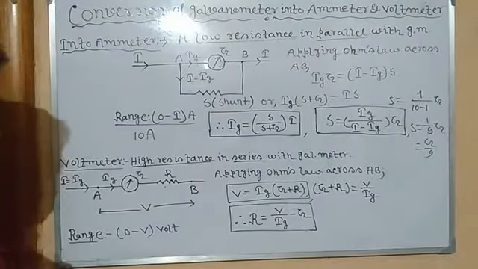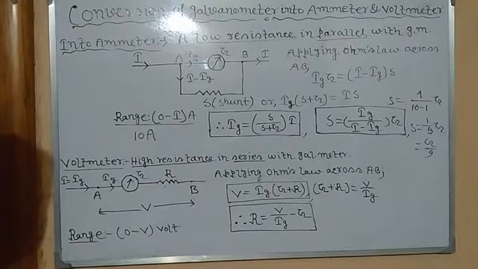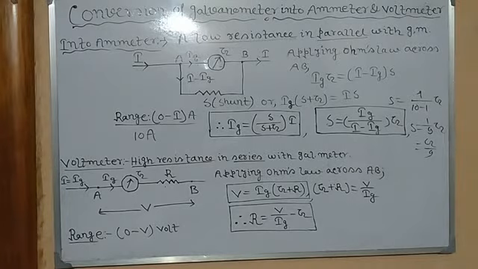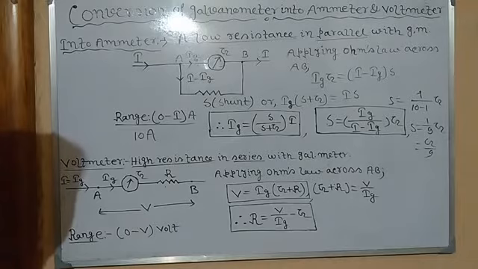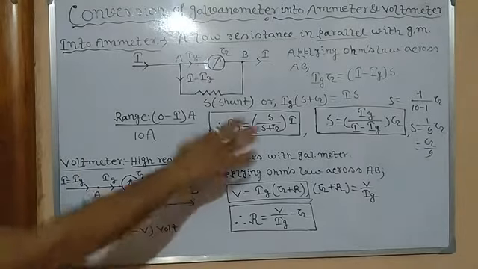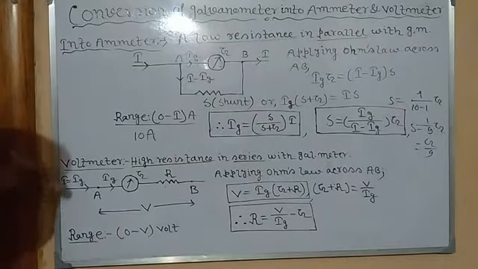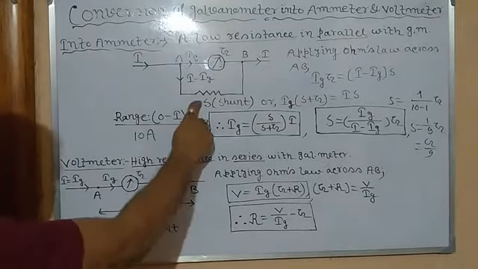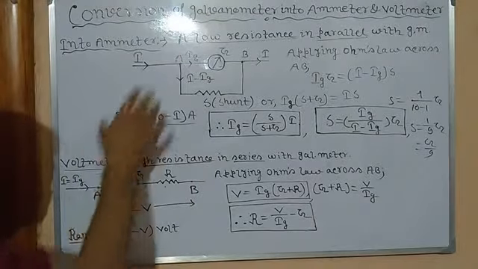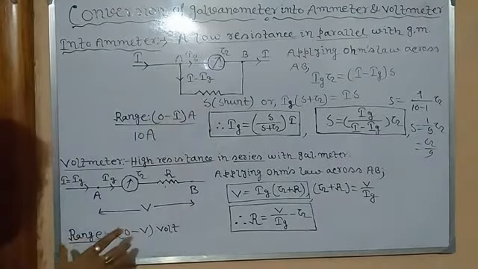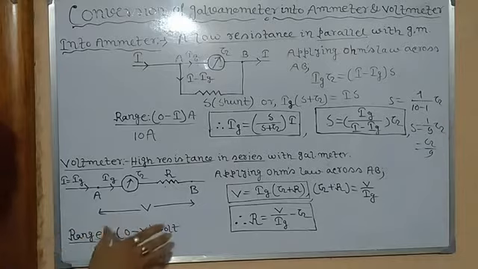Why is it connected in series? Since it is a voltmeter, the current cannot pass, and in this case there is no bypass.